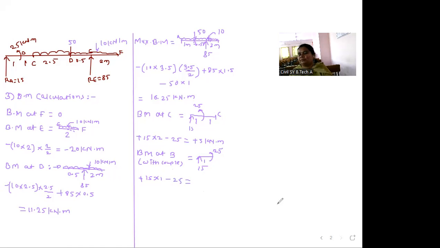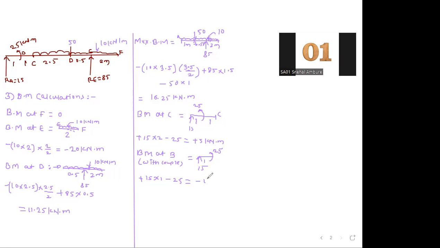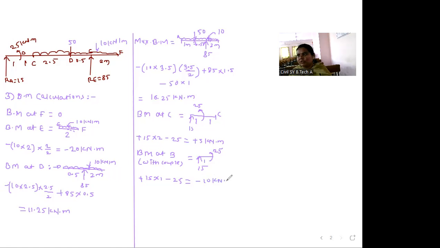Which is equal to minus 10 kilonewton meter.